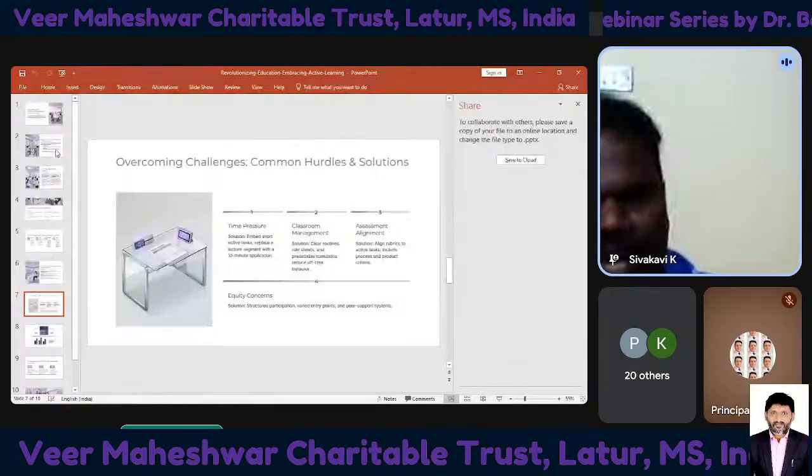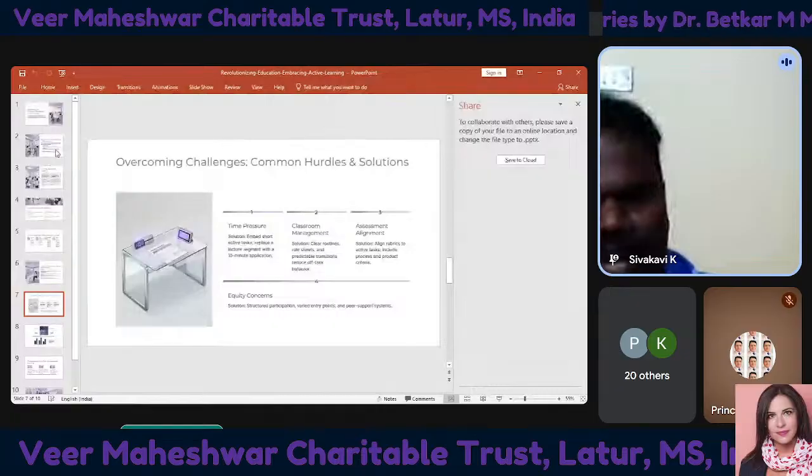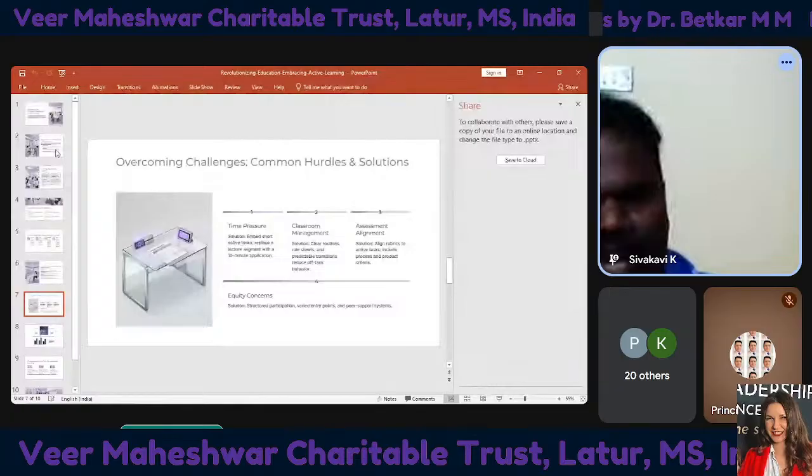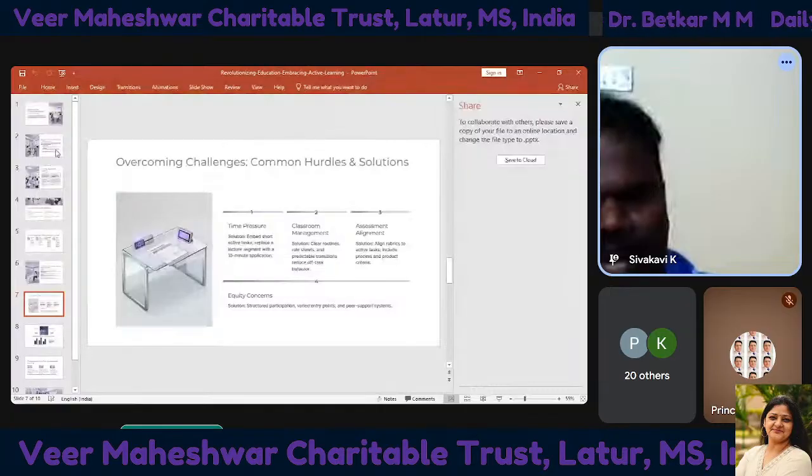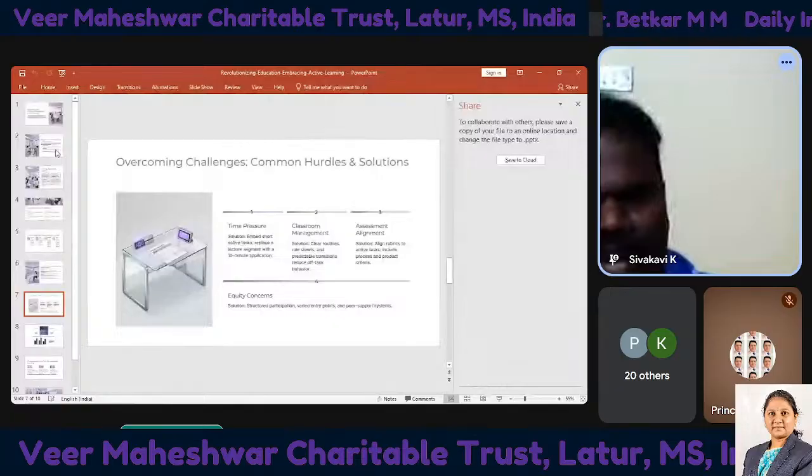What are the problems we come across there? How to solve this? A clear role sheet. Okay, you have to do this, you have to do this. Clear and reduce. So that's it, we need to install this.